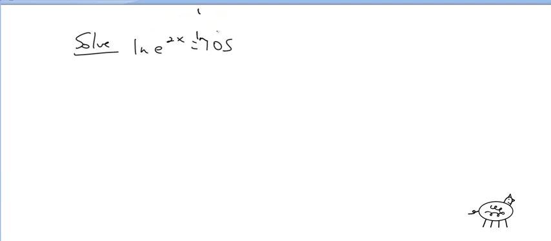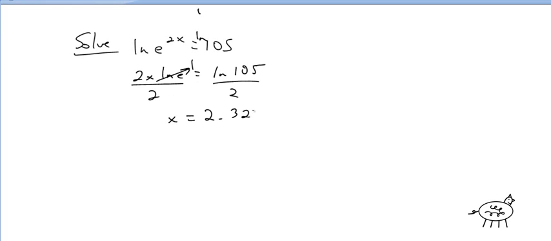So we get 2x ln of e equals ln of 105. Divide by 2, because doesn't ln of e go to 1? Ln of e is 1. Divide by 2. So x equals 2.3270. Again, try it on your calculator and figure it out.